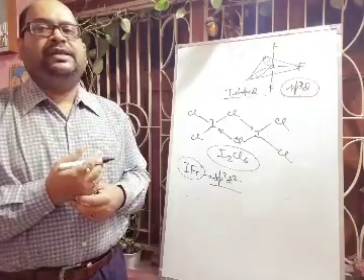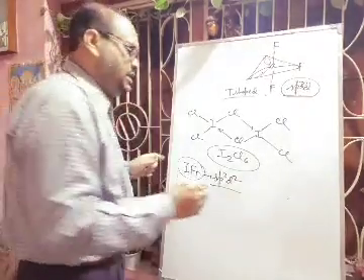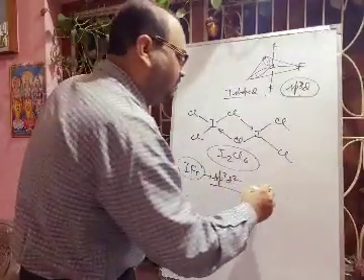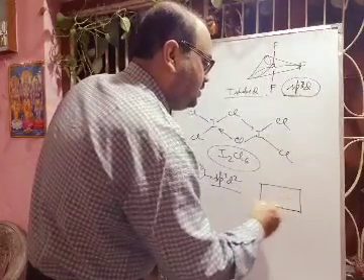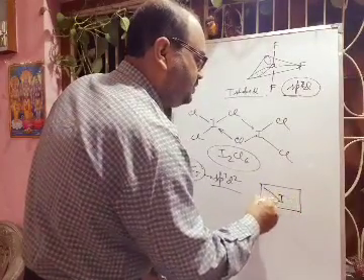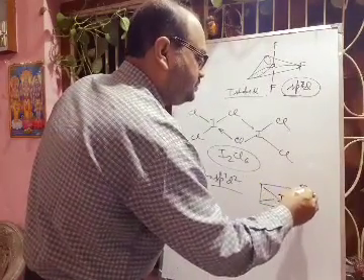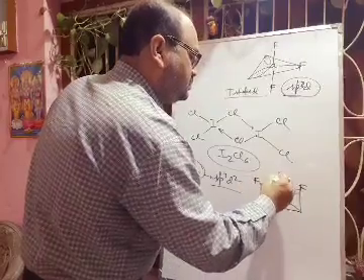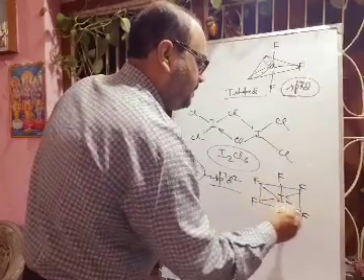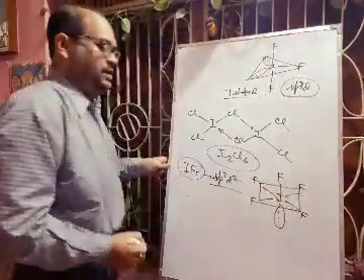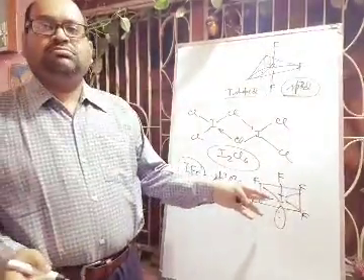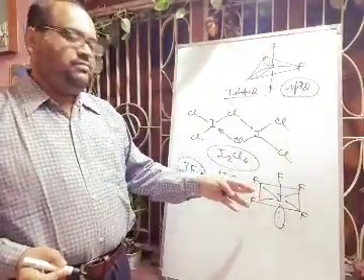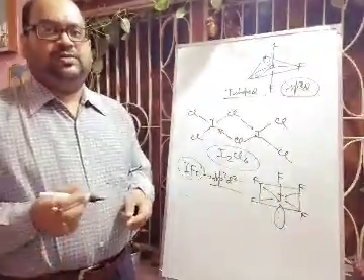Sorry, IF5 has square pyramidal geometry. This is IF5. One corner is occupied by a lone pair, so this one has square pyramidal geometry.